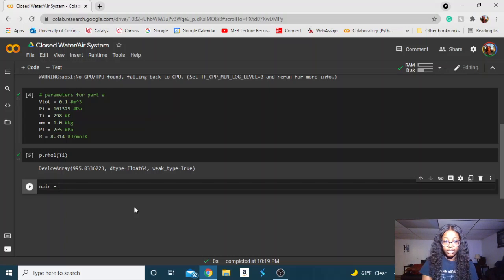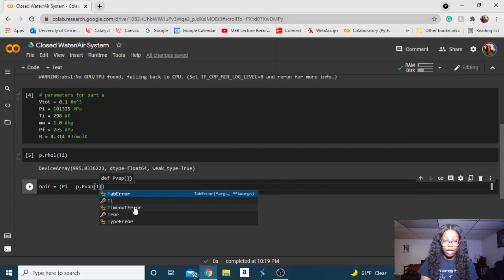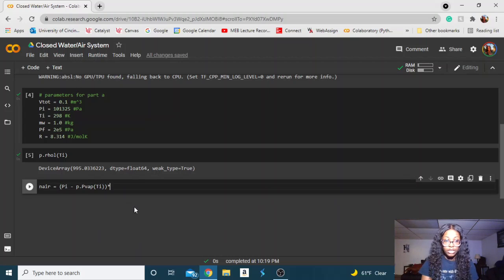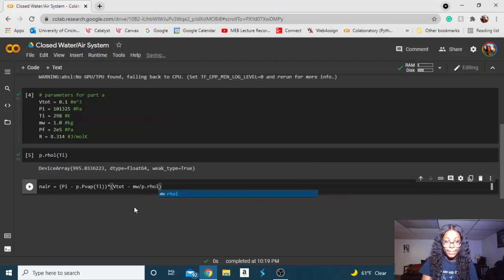And we know that to be the initial pressure minus the partial pressure of water, which I'll do PVAP for vapor pressure at the initial temperature, times the volume of the vapor phase, which is the total volume of the container minus the volume of liquid water, which is the mass of water divided by the density at the initial temperature, divided by the ideal gas constant times the initial temperature.